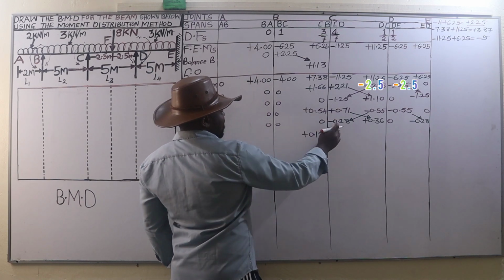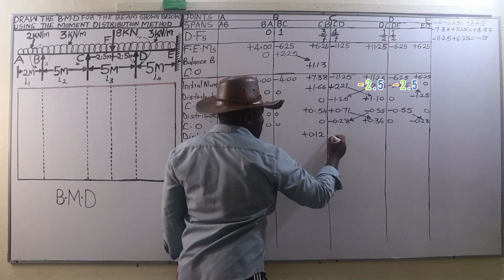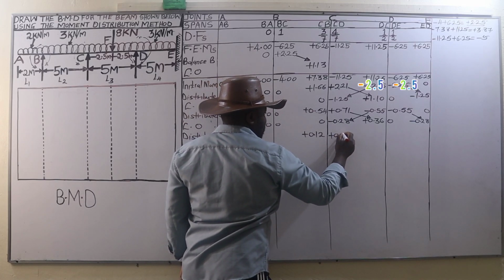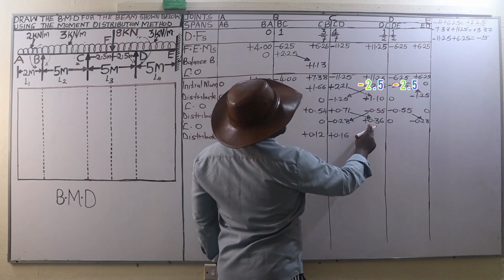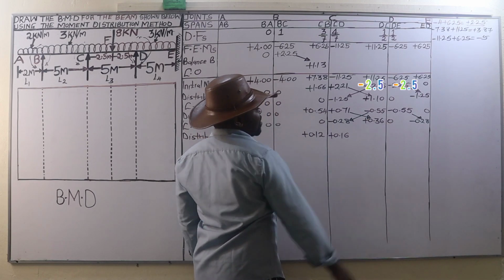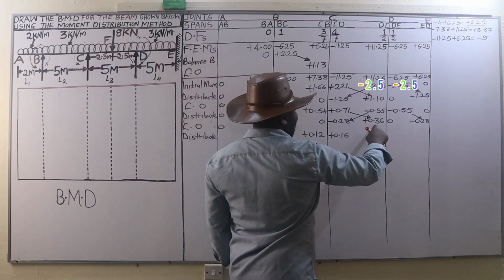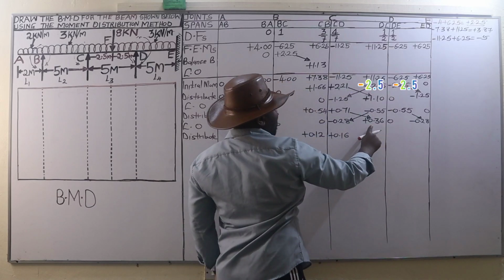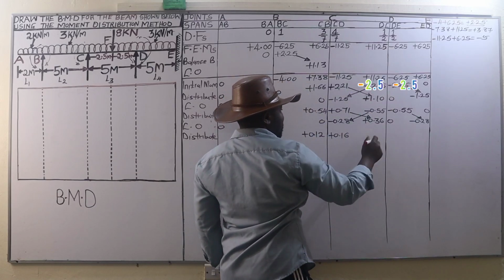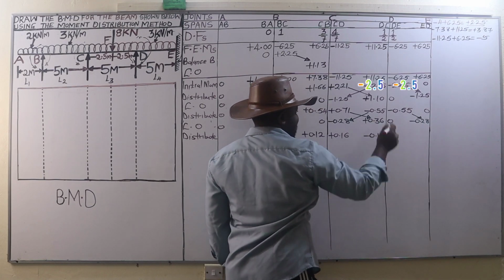On this side, 0.28 times 4 over 7, that is going to be positive 0.16. Then here on joint D, we got an excess moment of negative 0.36. You change sign. So half of distribution factor on DC is a half. So half of 0.36, that is negative 0.18 after changing sign.